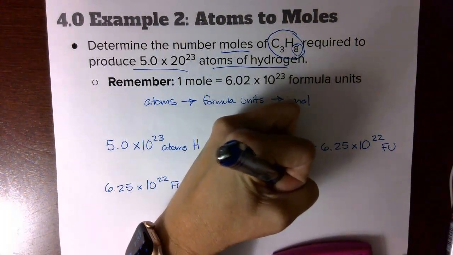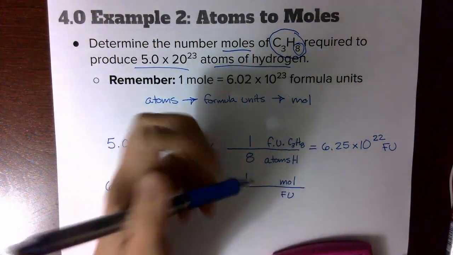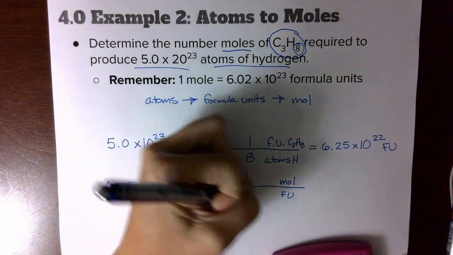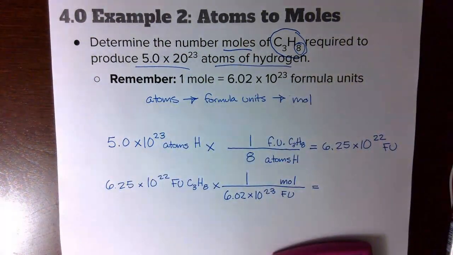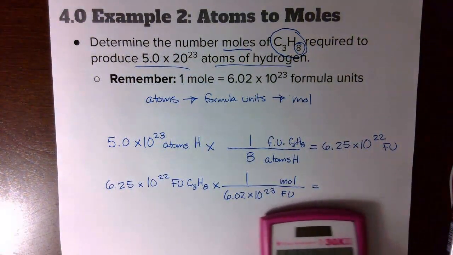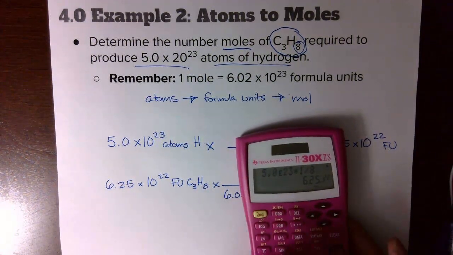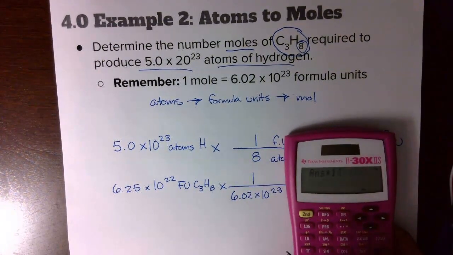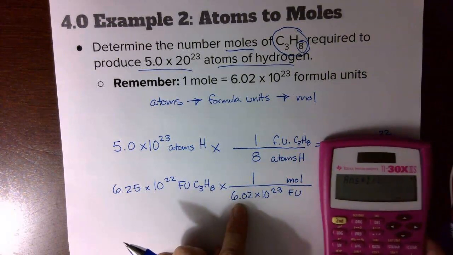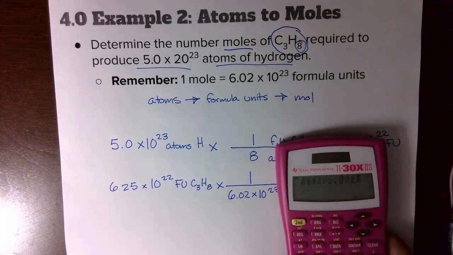I'm going to moles, and I know that every 1 mole is equal to 6.02 times 10 to the 23rd formula units. So now it's a matter of taking my answer that I have, so I'm just going to keep that, and then I'm going to go times 1 divided by 6.02 second E 23, and I'm going to hit enter.